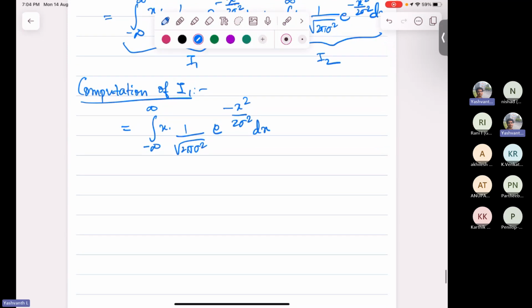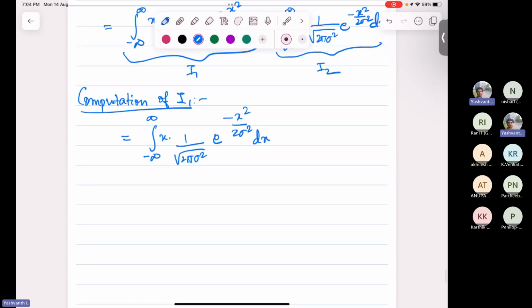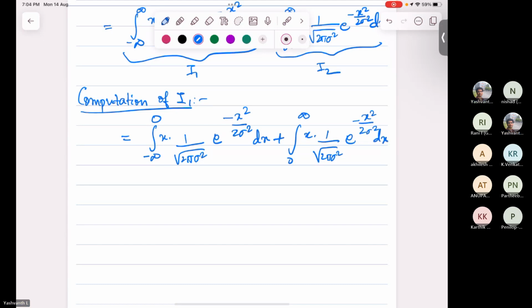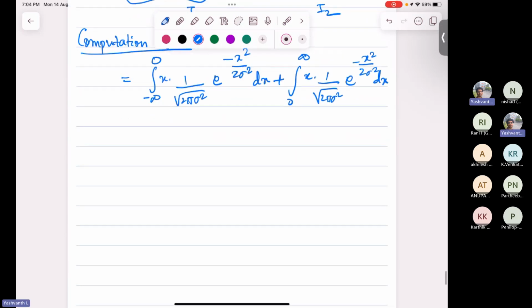Okay, what I can do is split the limits. I will make this a 0, and then I will write the other integral, 0 to infinity x into 1 by under root 2 pi sigma square e raised to minus x square by 2 sigma square dx. Now what you do is replace x by minus x in the first integral alone.